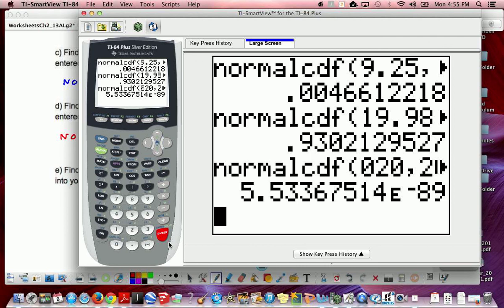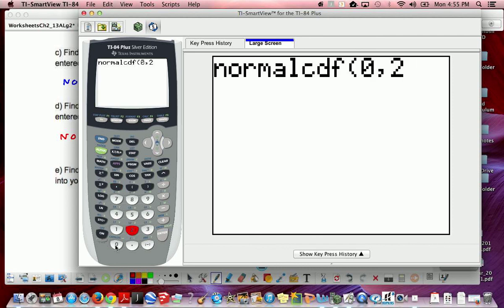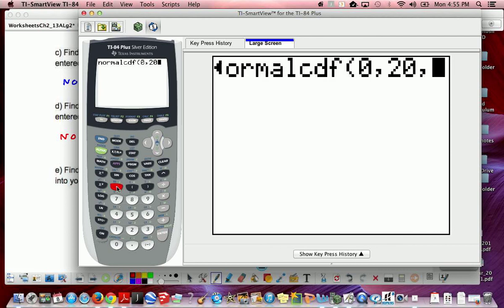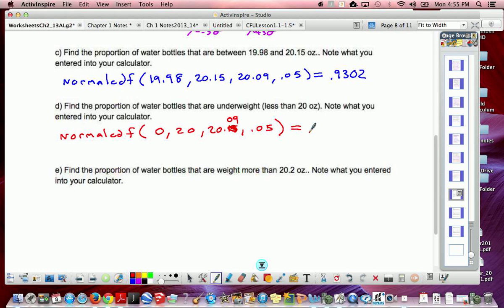I'm going to try that again. So second vars, number 2, so it should have gone 0, I think it missed a comma there, 20, 20.09, 0.04. Close my parenthesis, hit enter, let's see if we get it this time. Yep, 0.0122.